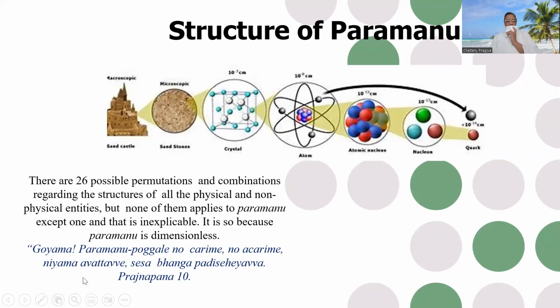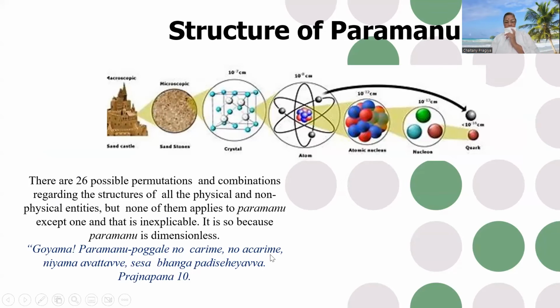This one: Goyam Parmanu Poggale no charime, no acharime, Niyama Avattavve, says Bhanga Padise Yavva. Here Mahavir is saying that the atom does not have any kind of ending. It means it is dimensionless. So you cannot indicate that this is the end of the structure of the atom, or this is the middle part.